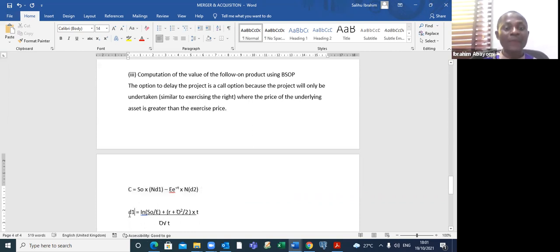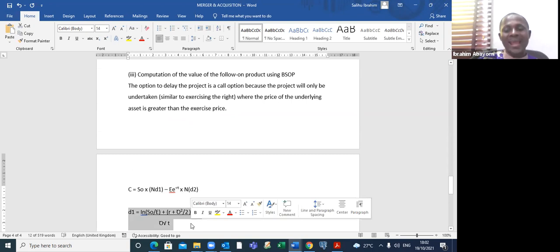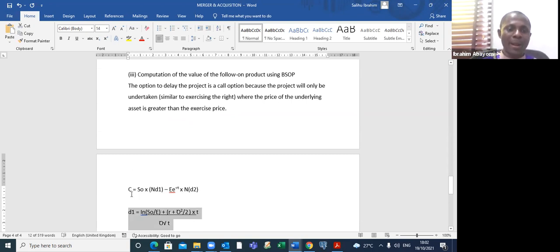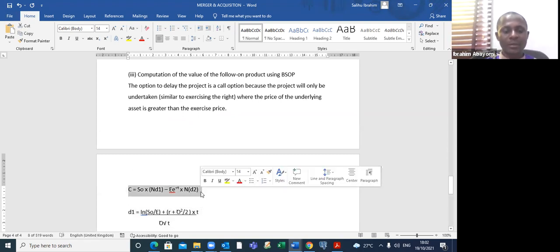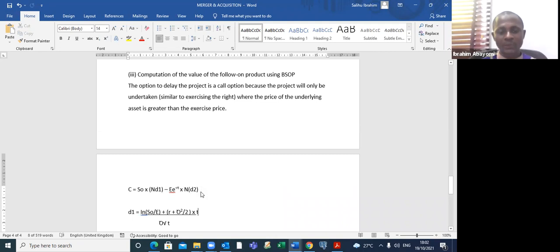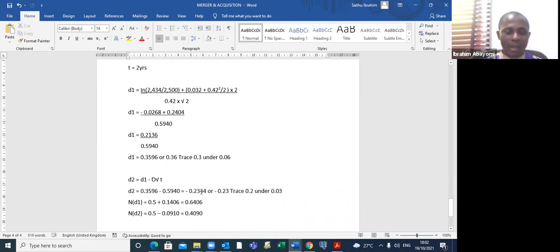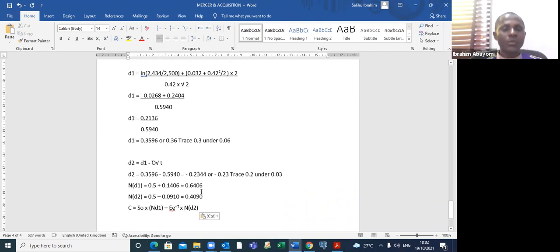This one is only meant for you to calculate D1, D2, and ND1, ND2. When you're done calculating your ND1 and ND2, this formula will cease. You now go back to your call option formula, which is this. So this is my call option formula. I put it down there.